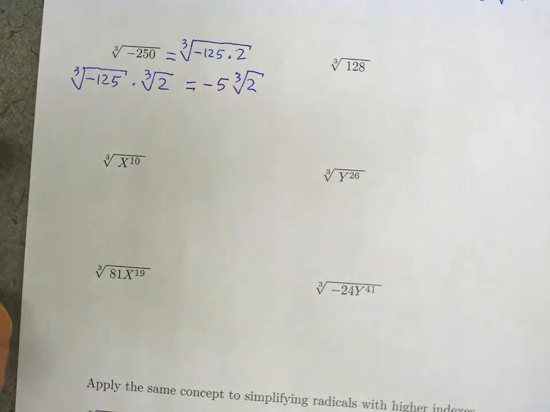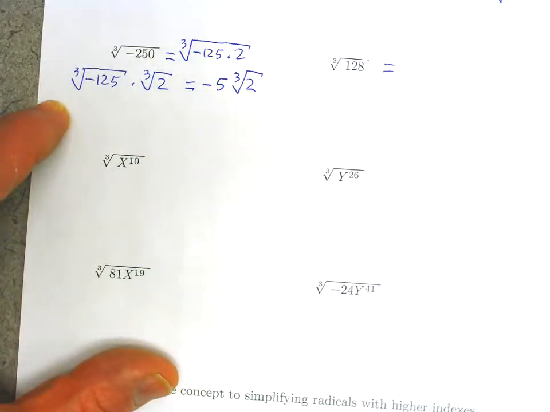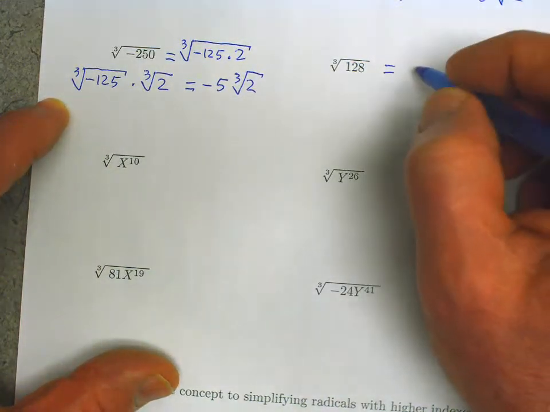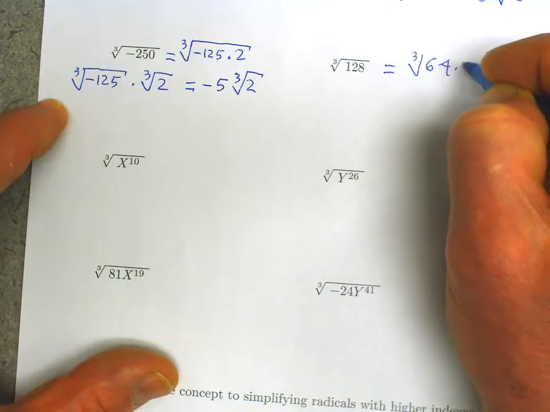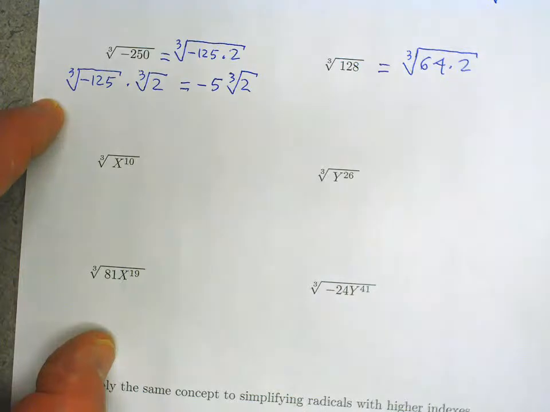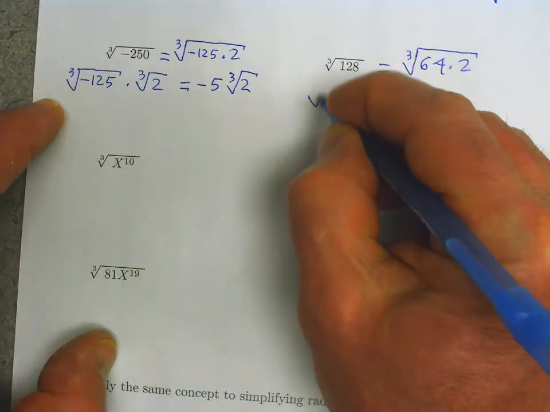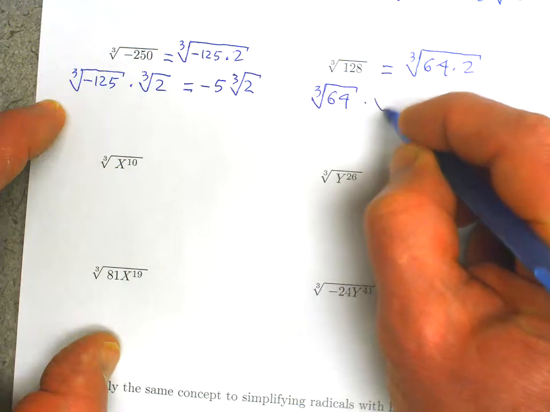That other factor is 64. 64 is a perfect cube because 4 to the third power is 64. So the more efficient way is to rewrite this as the cubed root of 64 times 2. And then this is the cubed root of 64 times the cubed root of 2.